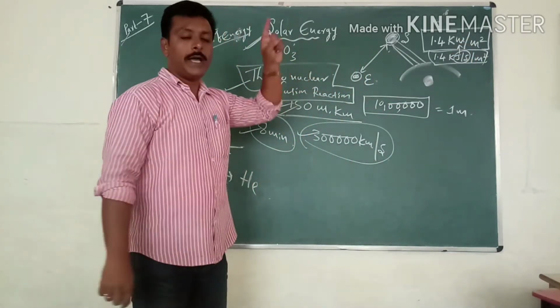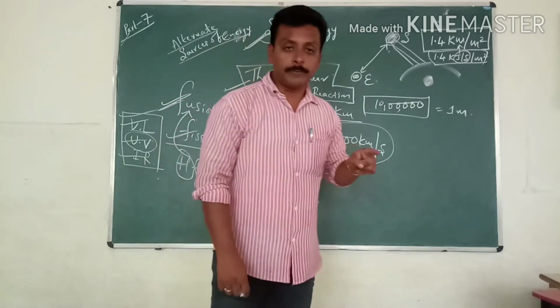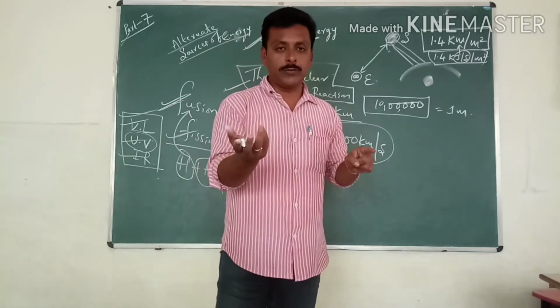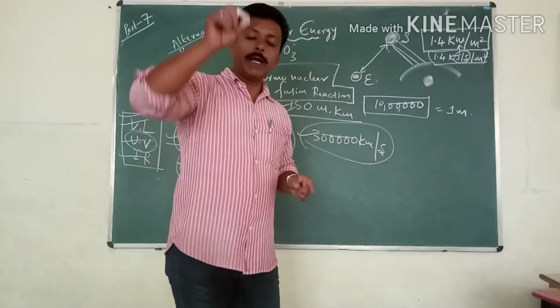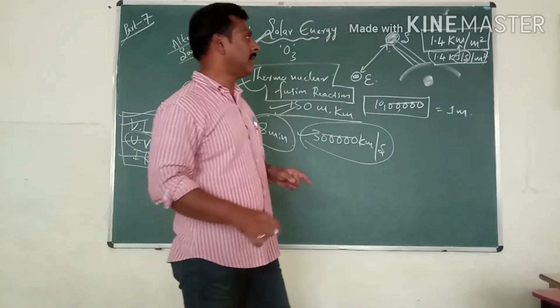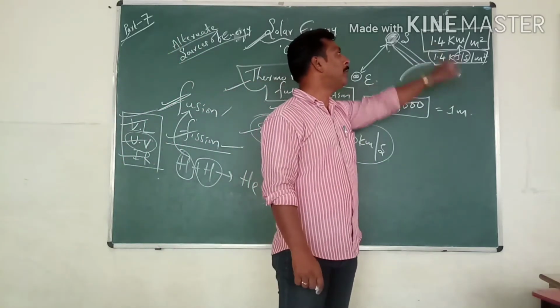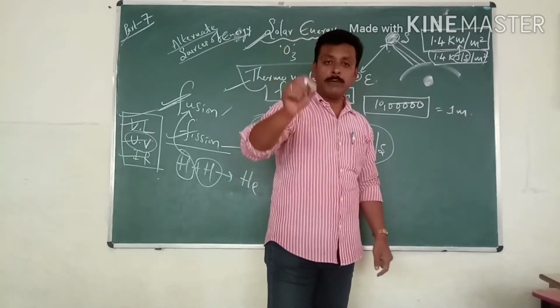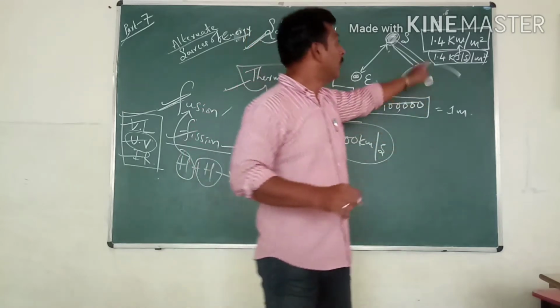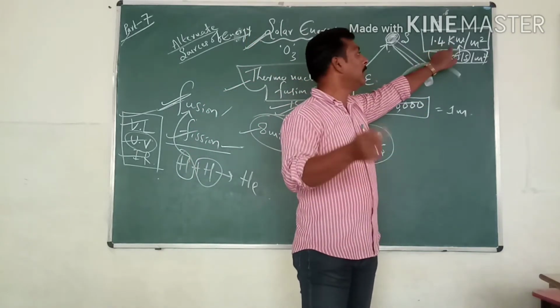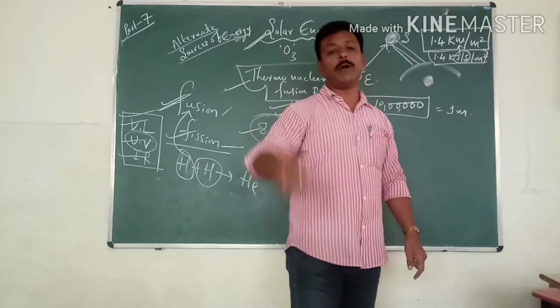Every day during the daytime you get solar energy, not during the night. During daytime, every second we are getting 1.4 K, K means kilo. Kilo means how much? 1000. So 1.4 kilowatt per meter square of area.